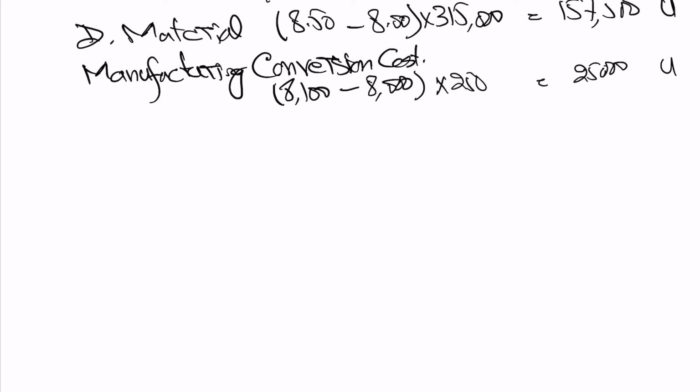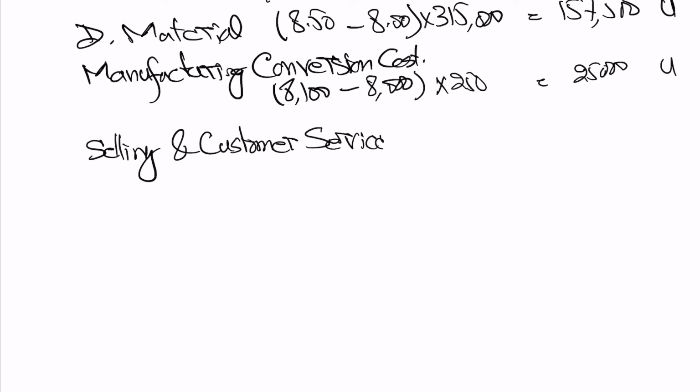Selling and customer service, so it's 9,900 minus 10,000 into 100, so we see here 10,000 favorable.